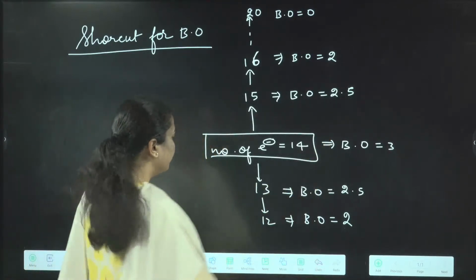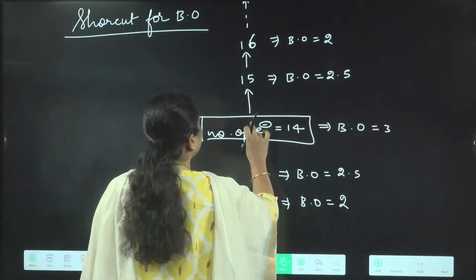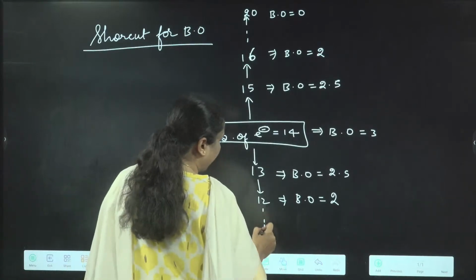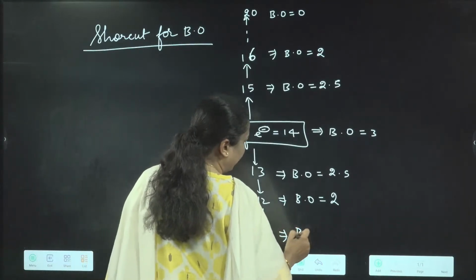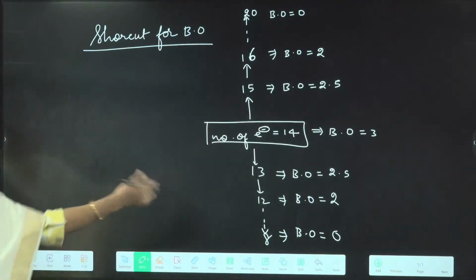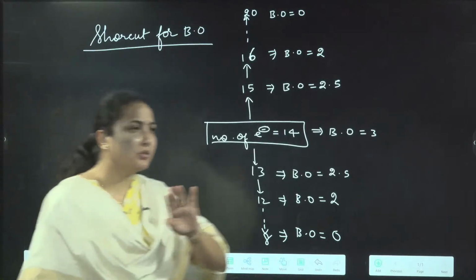Are you getting that? Now this exercise, till where do you have to continue? Till you reach 8 electrons, because at 8, the bond order is going to be 0, right? If it is lesser than 14, from 8 to 20, your problem is sorted out. More than 20 is not in your syllabus.